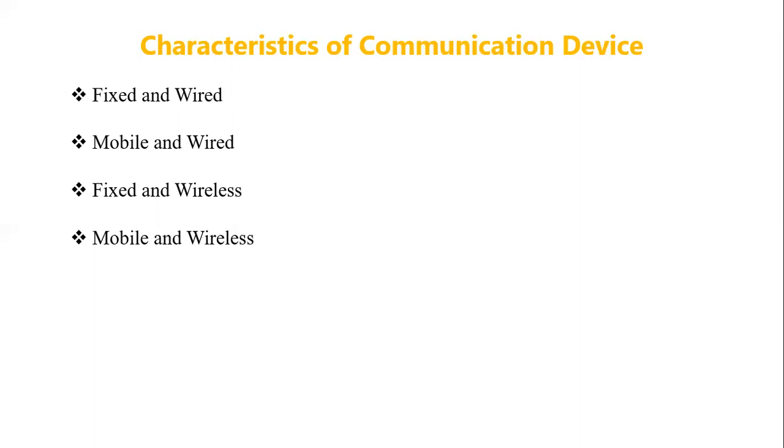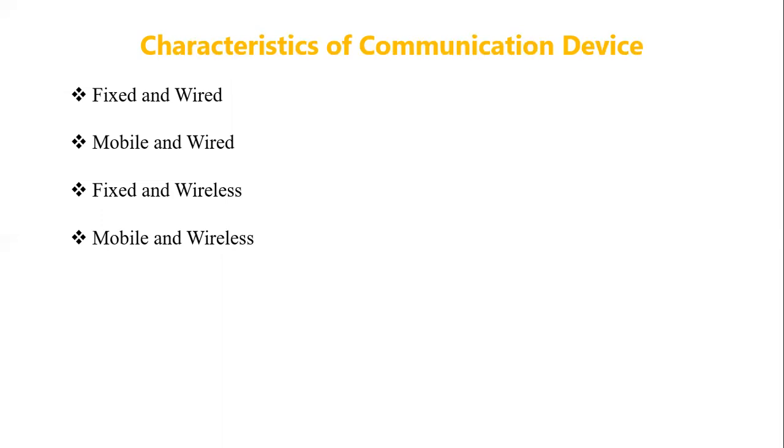For example, at home, I may connect my laptop to my broadband internet. If I go to the office, I may connect to the office wired LAN, through which I will be getting internet. So in this case, the device is movable, but still it uses wired connectivity for communication. Such devices come under mobile and wired.